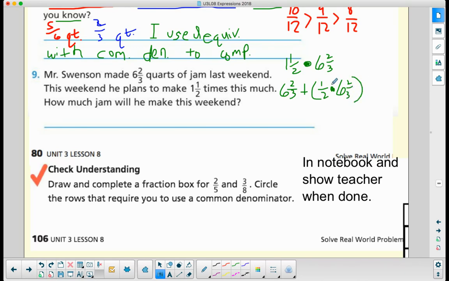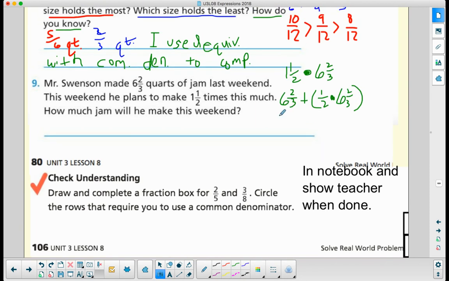Now, I don't know what you've exactly done in the past because I skipped to this one, but I could break this one up. See how here I broke up 1.5 into 1, 1 times 6 2/3 is 6 2/3, plus a half. I can do the same here again in breaking up 6 2/3.